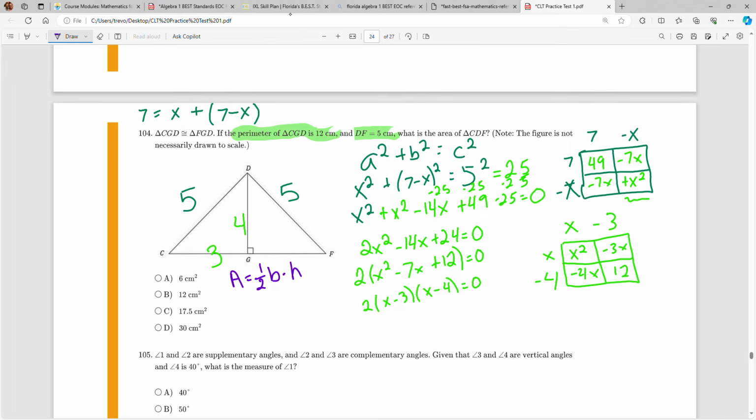So our base and our height are 3 and 4. That's why it didn't really matter which was 3, which was 4, which was x, which was 7 minus x. It's fine. 1/2 of 3 times 4. So I'm going to multiply 1/2 of 4, which is 2, times 3 is 6.